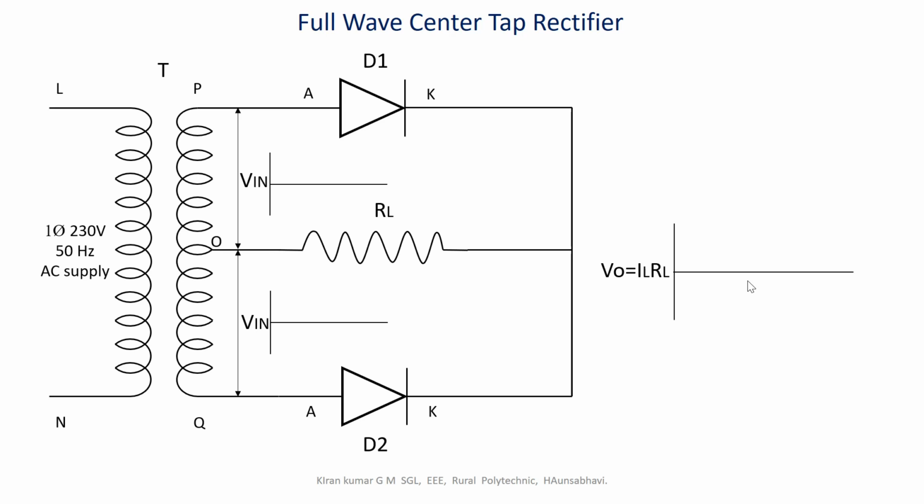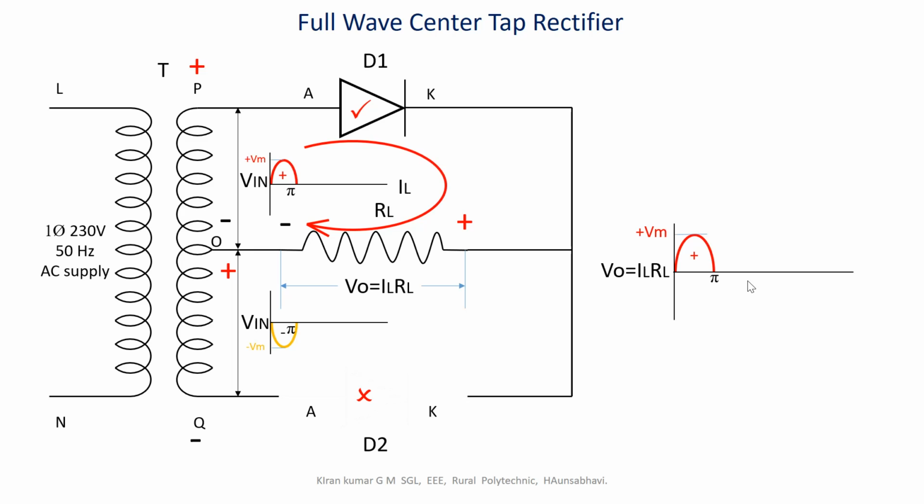Now, during the first half of the input cycle from 0 to pi radians, terminal P will be positive with respect to the center tap O, and this makes diode D1 forward biased and conduct the load current IL, as mentioned by the red loop line in the circuit, and it will flow only in the upper half loop of the secondary circuit.